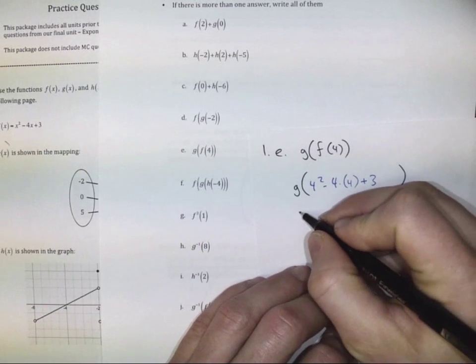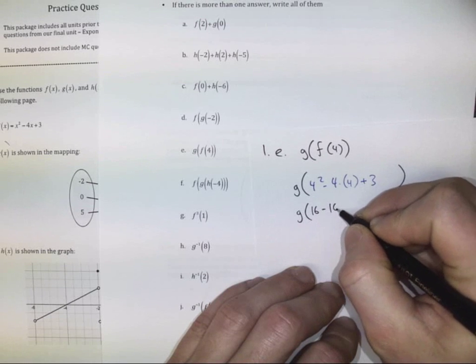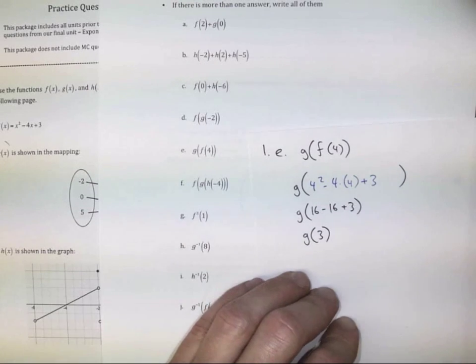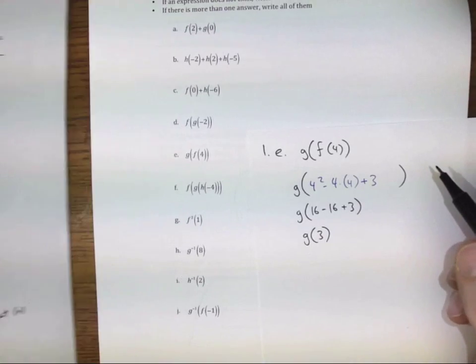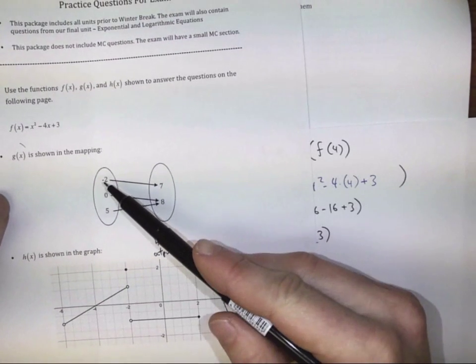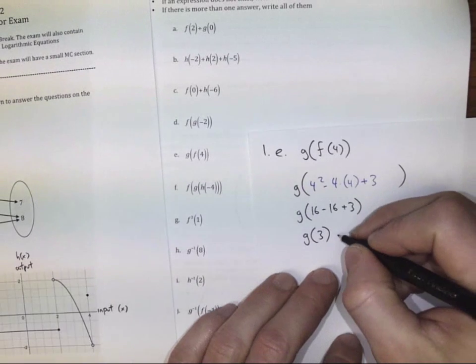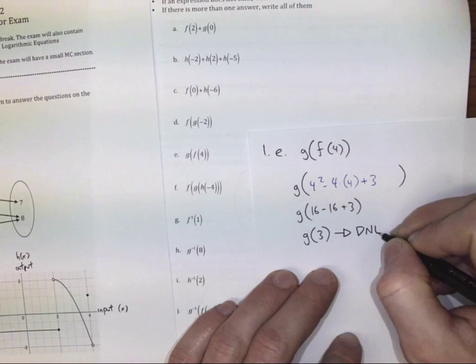And I'm going to evaluate everything inside this function, so that's going to be 16 minus 16 plus 3, which is to say we'll have g of 3, like so. And then I can look at my g function and say, well, it doesn't look like 3 is an acceptable input. So this does not exist as well.